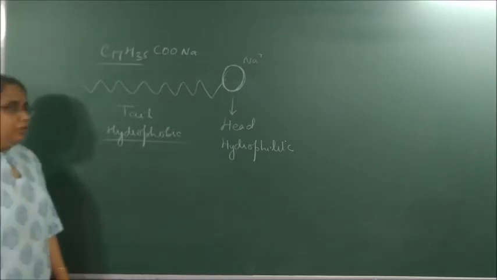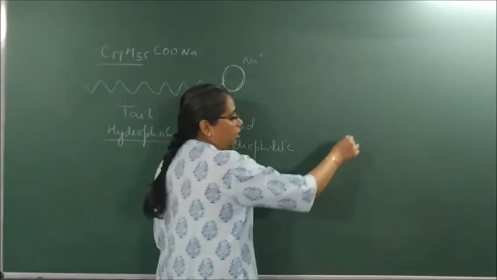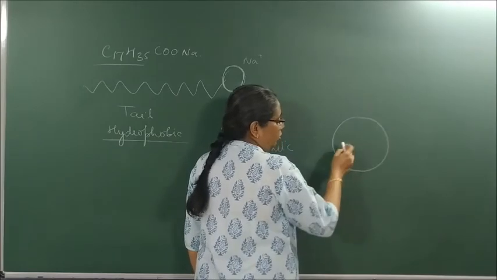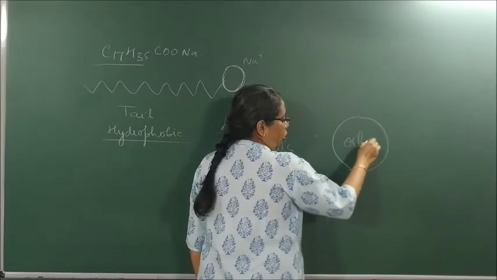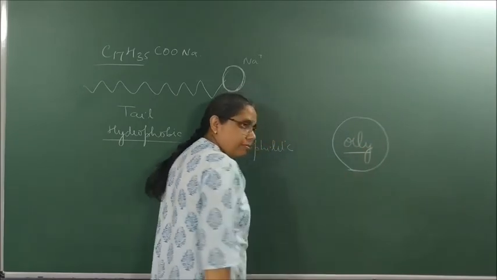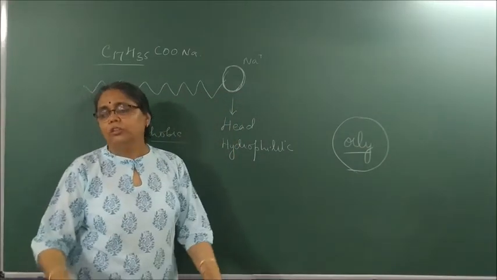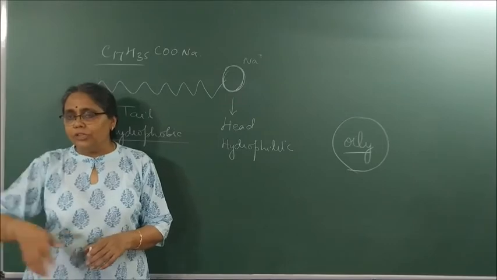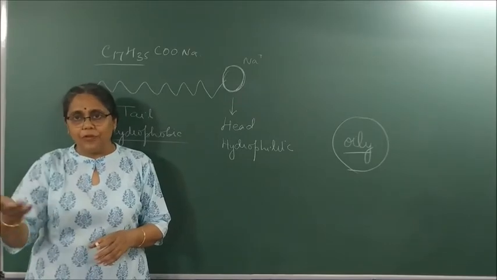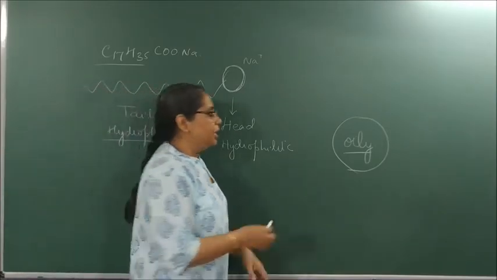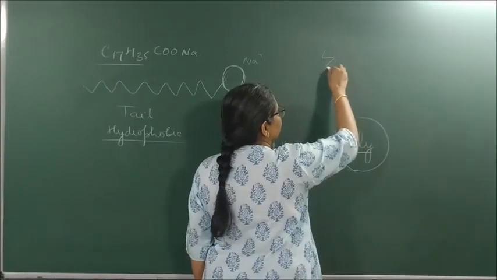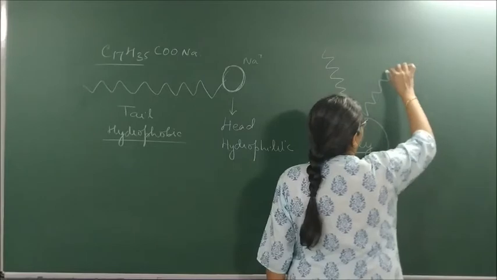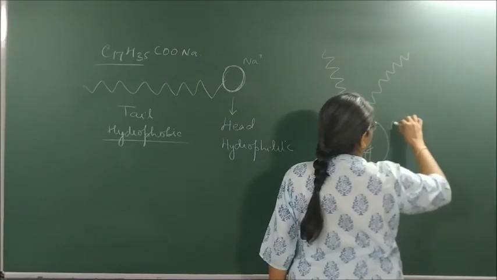So the dirt, which is generally on the surface of the cloth, this is the dirt. The dirt is always what in nature? Oily in nature. Fine? When this dirty cloth is dipped in water and you dissolve the soap and get micelles, these micelle particles will arrange themselves radially around the dirt, all along the circumference.